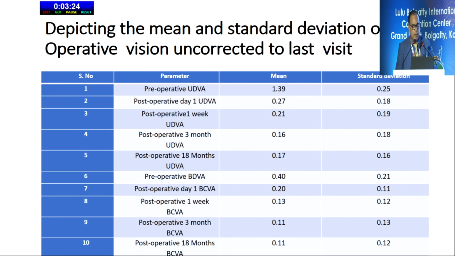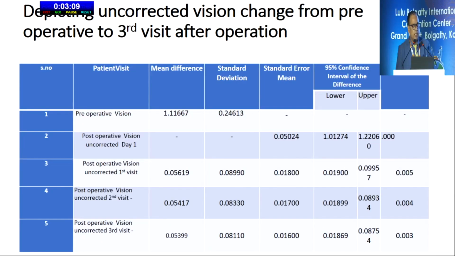So preoperative uncorrected distant visual acuity improved from 1.39 to 0.17 with a significant p-value, and the preoperative best corrected distant visual acuity also improved from 0.40 to 0.11 logMAR. This table depicts the uncorrected visual changes from preoperative to third visit after operation. So this is the mean difference. Preoperative vision 1.11 improved to 0.05 with a significant p-value of 0.003.